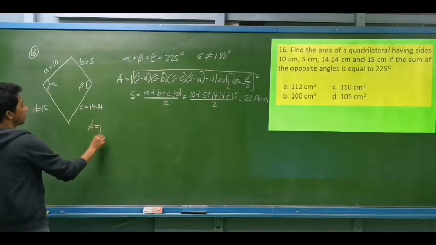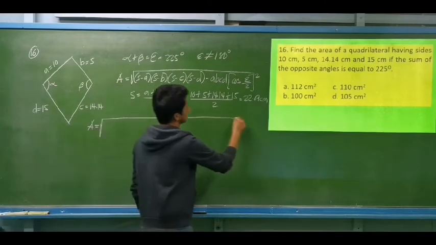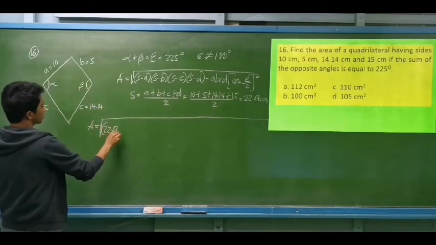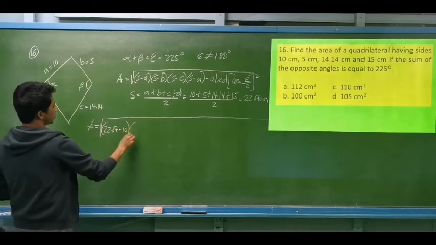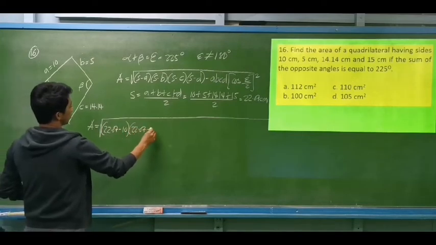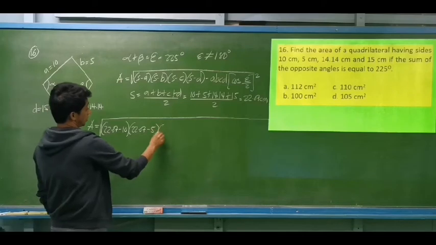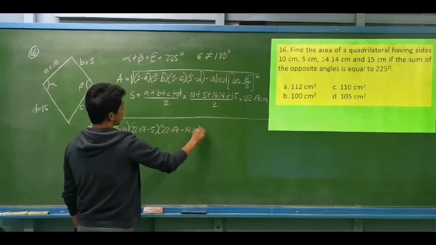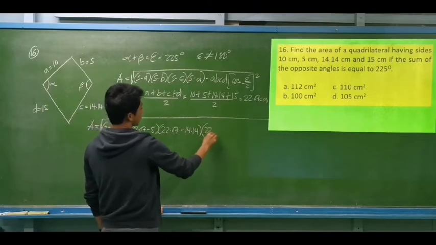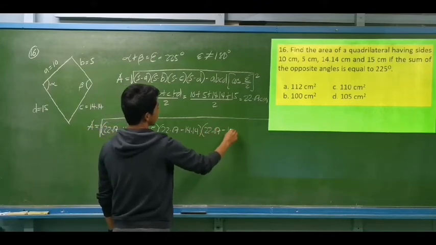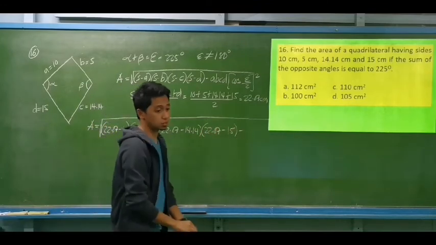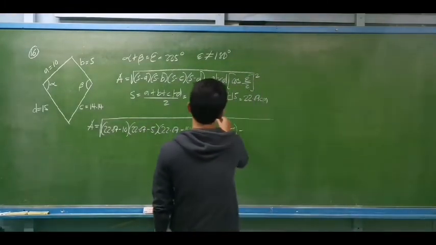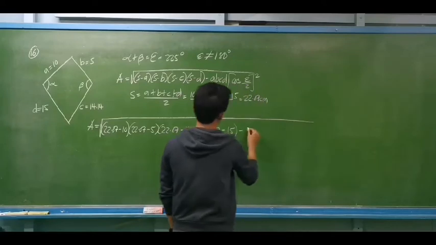So we have the area is equal to the square root. Okay, so substitution. 22.07 minus 10, 22.07 minus 5, 22.07 minus 14.14, then 22.07 minus 15, then minus A, B, C, D. So, ano yung A natin?